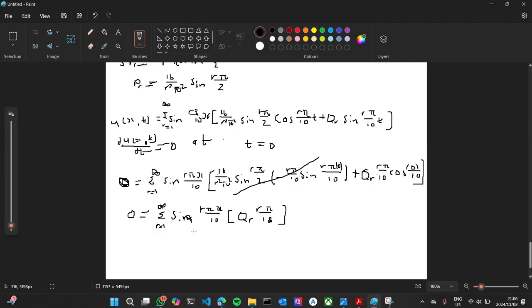So then the only value here that can be 0 is q of r. This is a constant, it's not a variable. This here also is a constant, or at least in this specific case we treat it as such, because r will technically have a value.